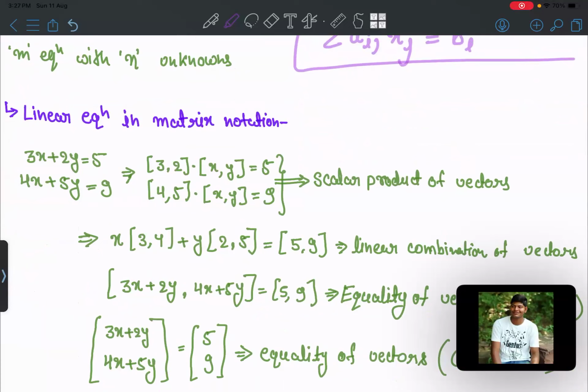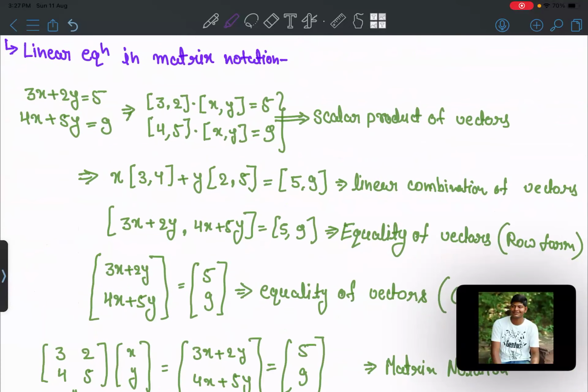Now suppose we have two linear equations, 3x plus 2y equal to 5, and another equation 4x plus 5y equal to 9. These equations can be represented in multiple fashions.